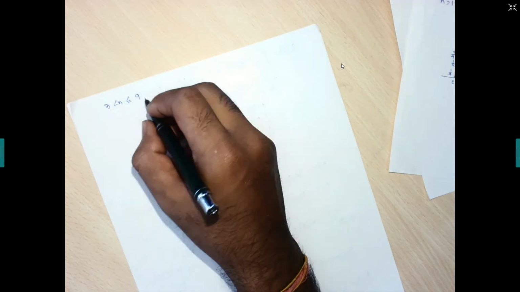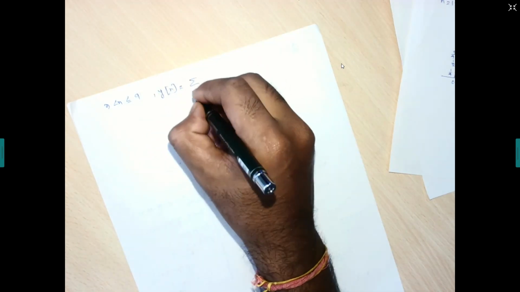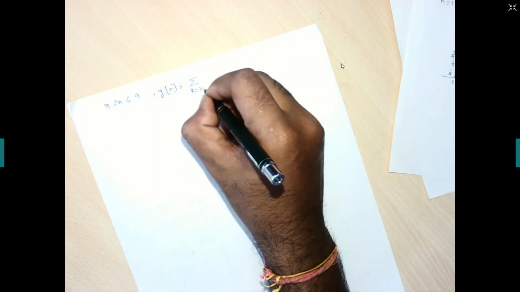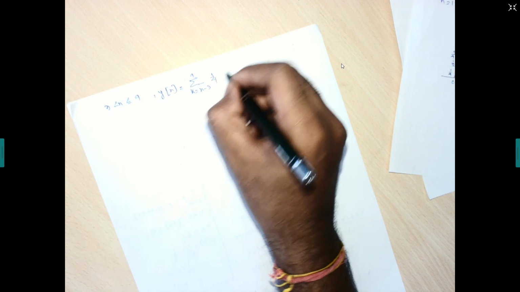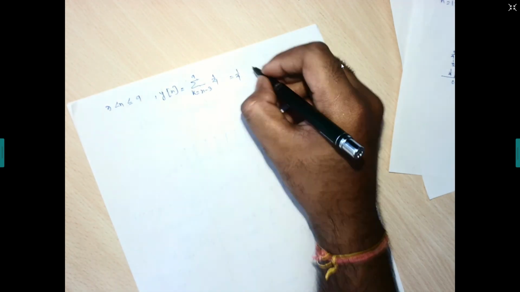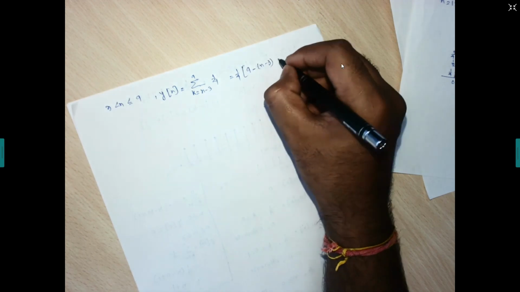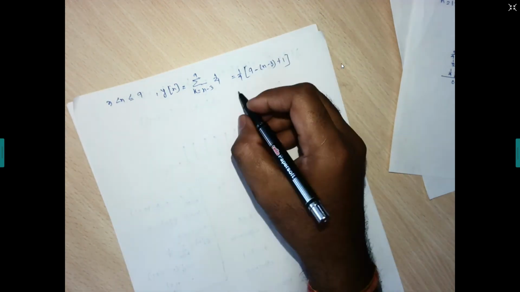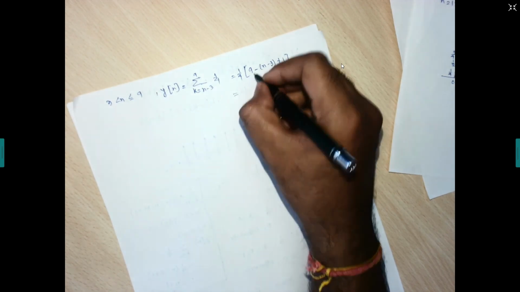So what should we write? Summation k is equals to n minus 3 up to 9, 1 by 4. So what will it result into? It will result into 1 by 4 starting from 9, then n minus 3 plus 1, right? Sorry, this one will be 9.